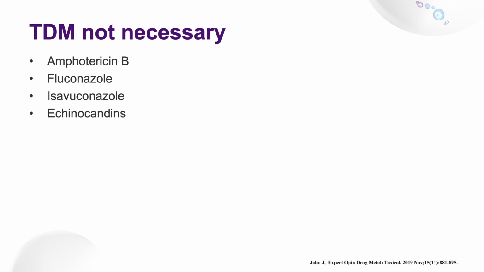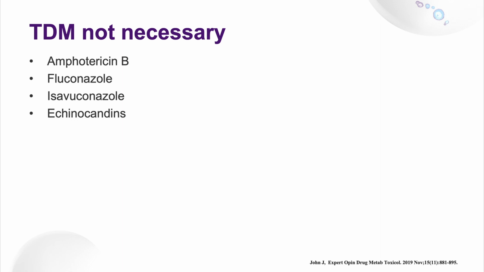TDM is generally not necessary for amphotericin B because we know that it accumulates in the tissue, and the tissue half-life is more than 3 weeks. So you do not need to do TDM for amphotericin B. Fluconazole has very ideal pharmacokinetic properties and predictable exposure, so this drug also does not require TDM, except when the patient is receiving augmented renal replacement therapy, like CVVHD or CRRT, where you expect increased exposure of fluconazole and your patient requires fluconazole.